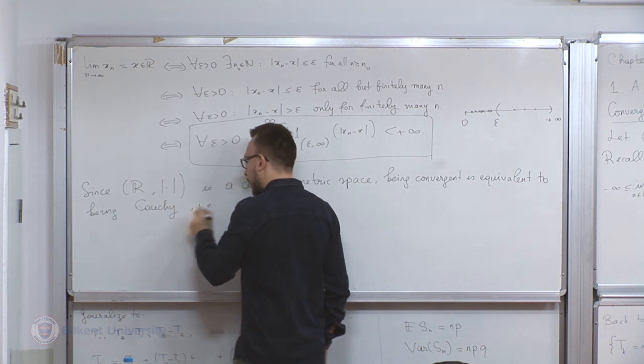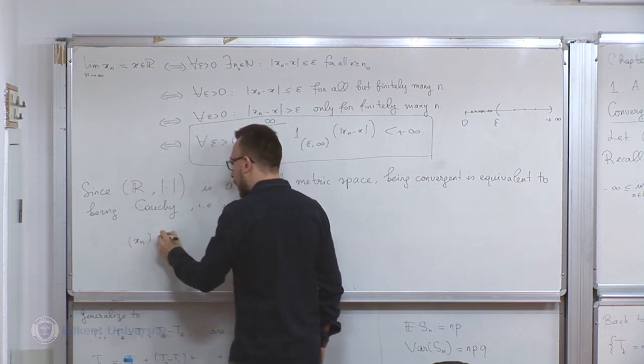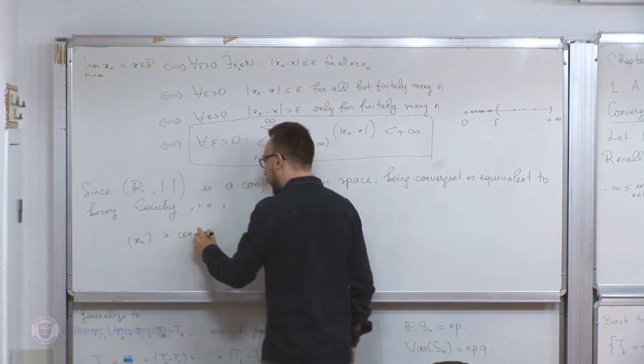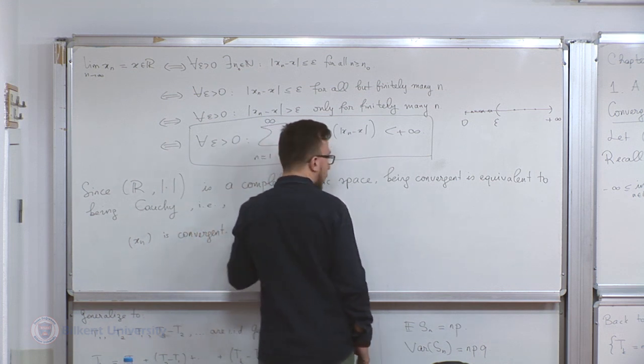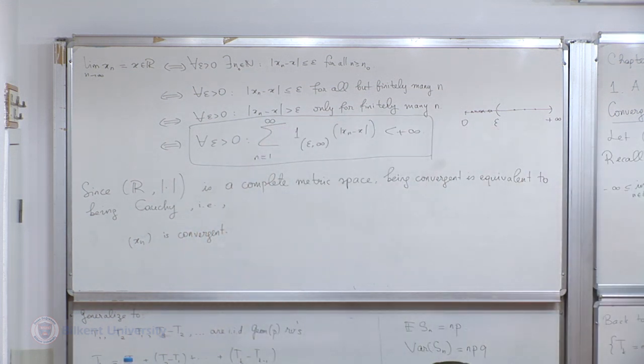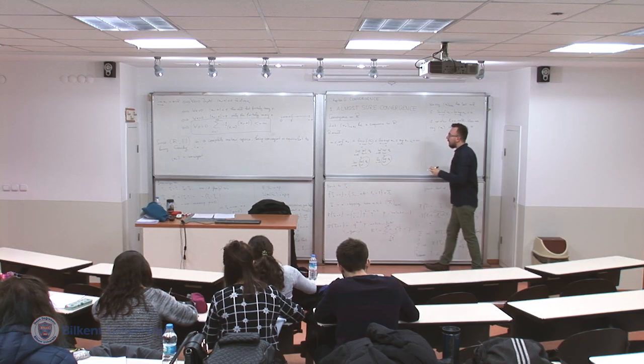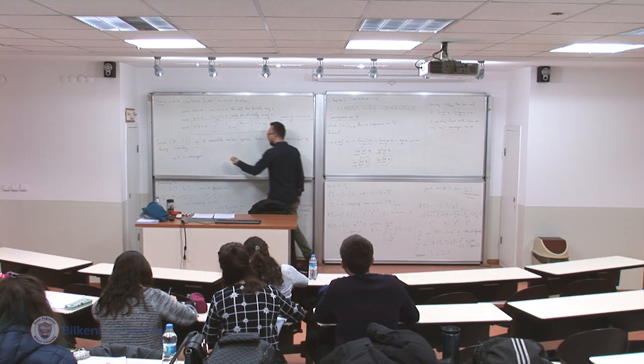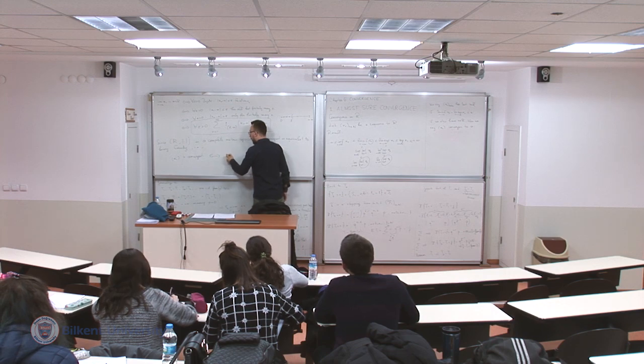Meaning that xn is convergent, meaning that it has a real limit, if and only if it is Cauchy.